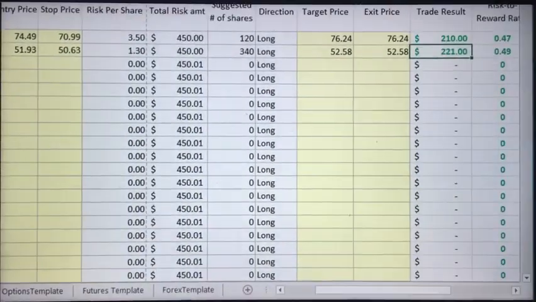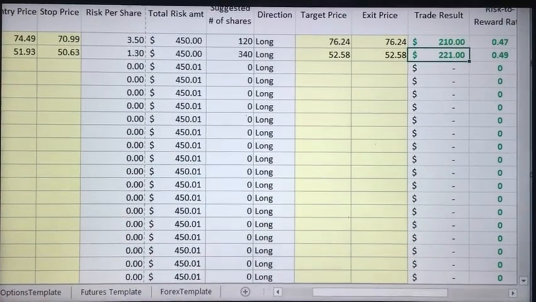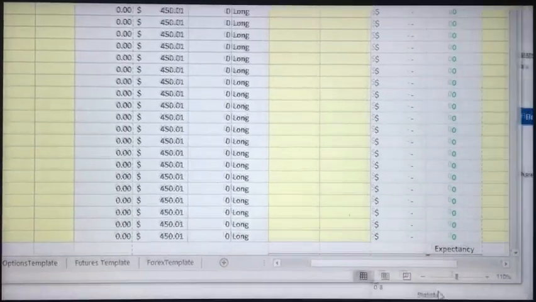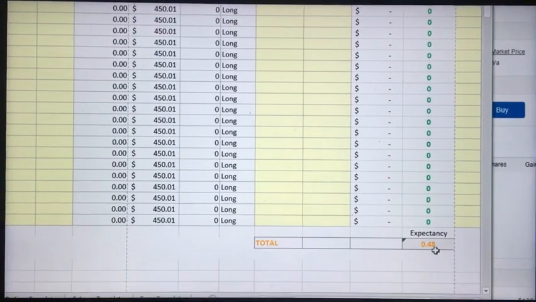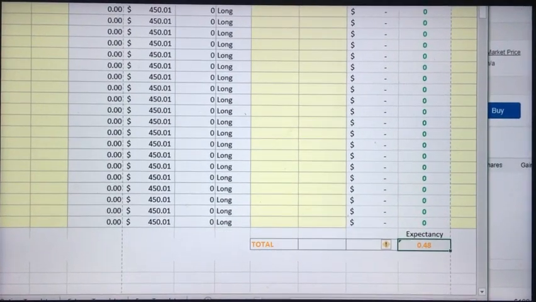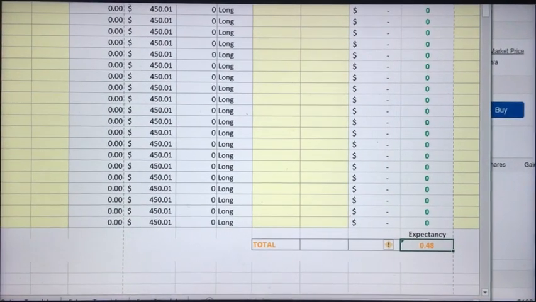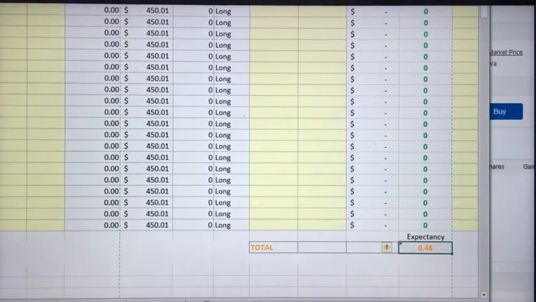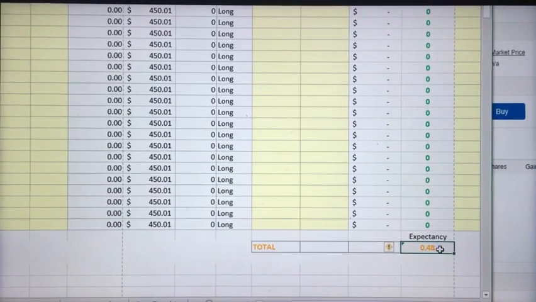One of the things that you can do is when you're all done with all 30 trades, you can come down to the bottom of this spreadsheet and look at this expectancy number. The expectancy number tells you whether or not you can expect to actually do some good trading. If you can do this kind of trading in the simulation, you know you're not going to crash your account, right?